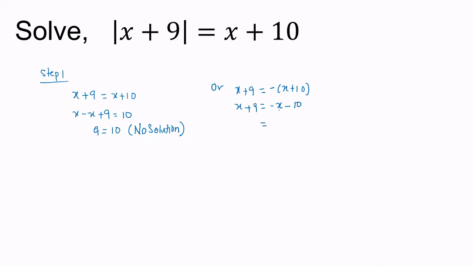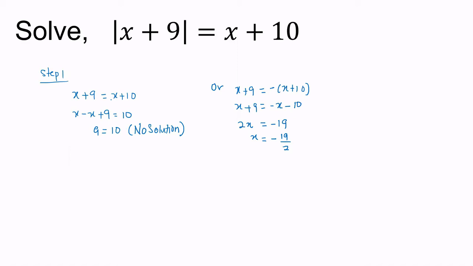So we bring that minus x to the left-hand side and add with this x, it becomes 2x. And bring the 9 to the right-hand side, we get minus 19. So we get another critical value of x, which is minus 19 over 2. So which means that x is equal to minus 19 over 2.